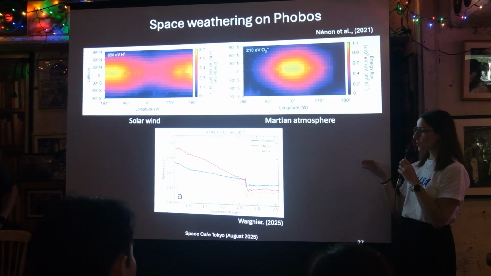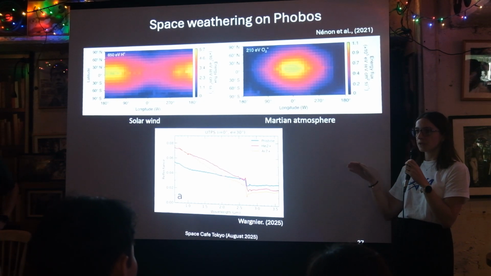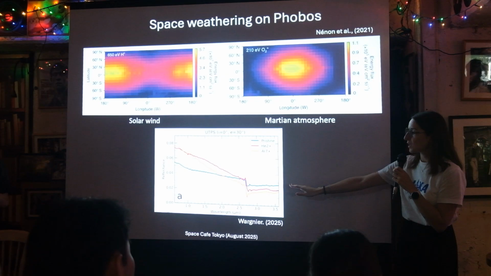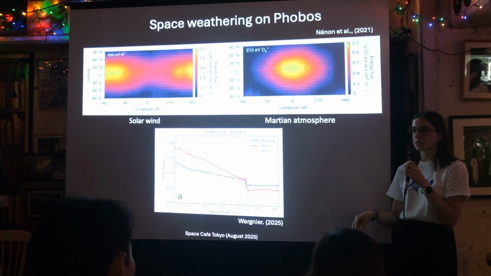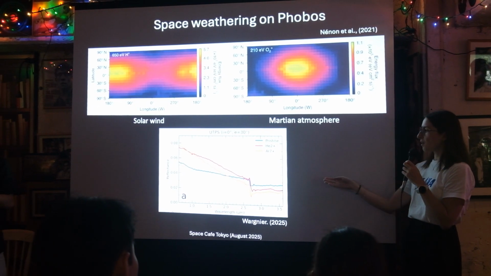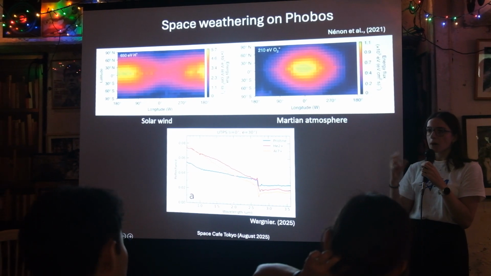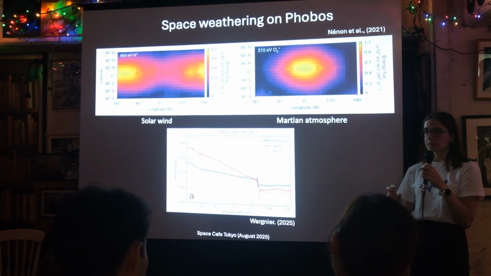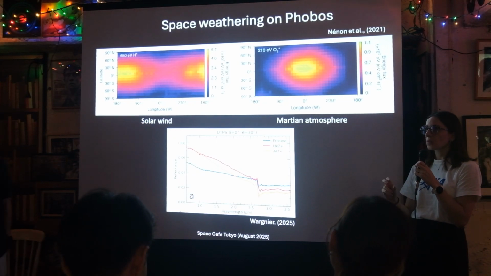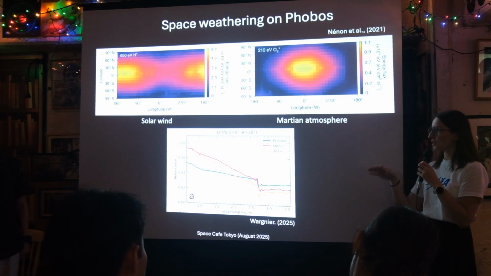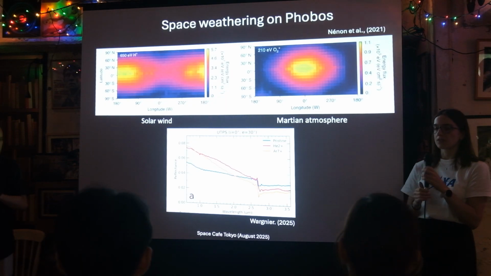So this is just to be more prepared on how we can interpret the data and the composition, because all the properties of the graph we relate to the composition of the surface. For example, if we have an absorption, according to the shape of the absorption band we also reconstruct the amount of minerals. So we will overinterpret the spectra if we don't consider the modification by irradiation.